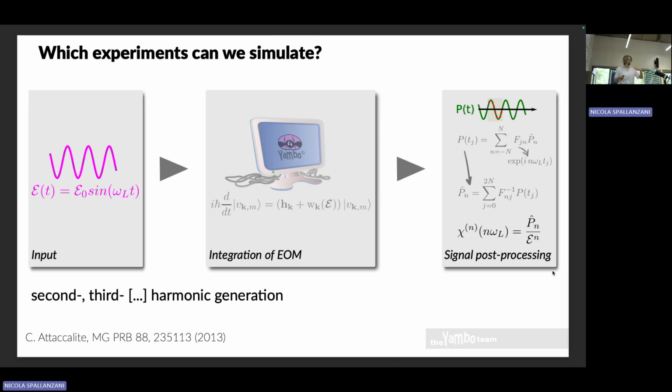You cannot see them because the second harmonic is about six orders of magnitude smaller, and the third harmonic is 12, 13 orders of magnitude smaller. But you can extract them by a finite discrete Fourier transform, and then you get the second and third harmonic generation. The fourth is very difficult because it is very tiny and goes into the numerical accuracy of the calculation.